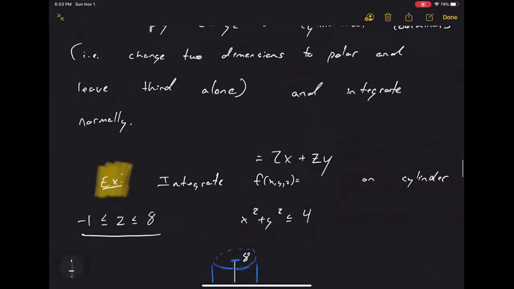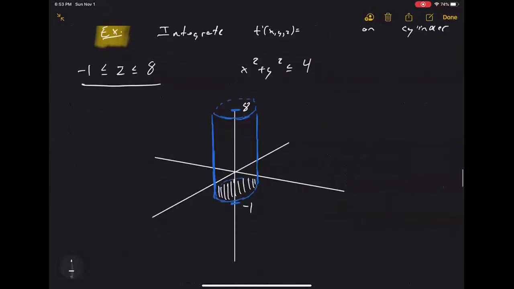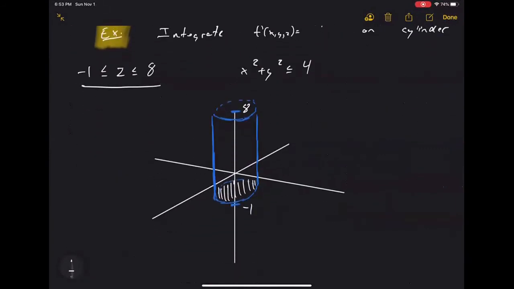Notice that this is a good example of when we should be using cylindrical coordinates. We use cylindrical coordinates when we have some sort of symmetry around an axis. Here with this cylinder, there's obviously symmetry around the z-axis. It's got this circular symmetry around the z-axis, and that's a clue that we want to use cylindrical coordinates.